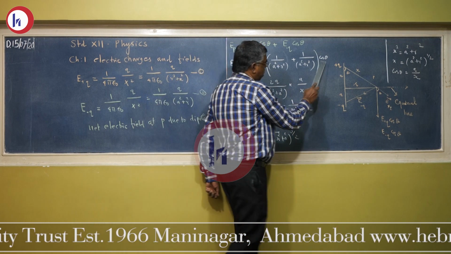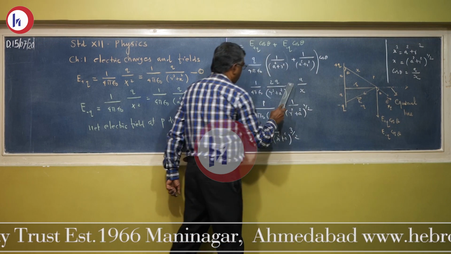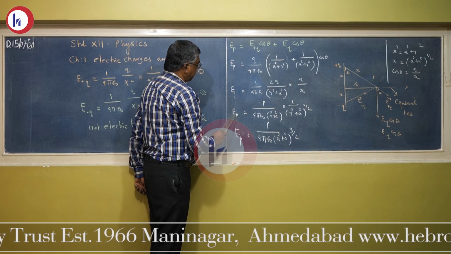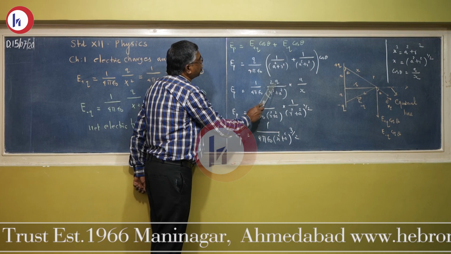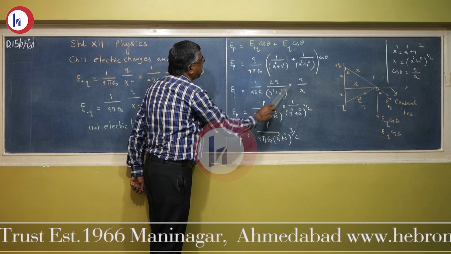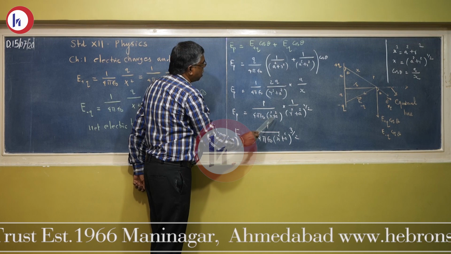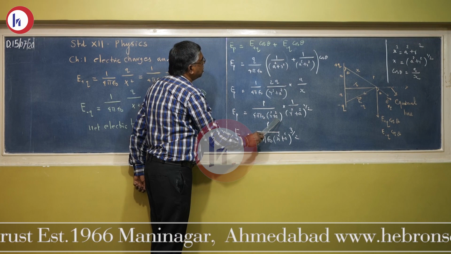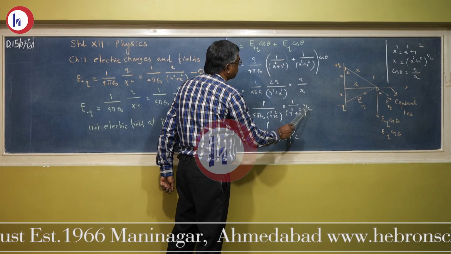You can replace cos θ as a upon x. So this can be written as electric field at point P equal to 2Qa upon 4 pi epsilon 0 (r square plus a square) times x. This product 2Qa you can write as p, the dipole moment. So p upon 4 pi epsilon 0 (r square plus a square), and x you can write as (r square plus a square) raised to 1 by 2.